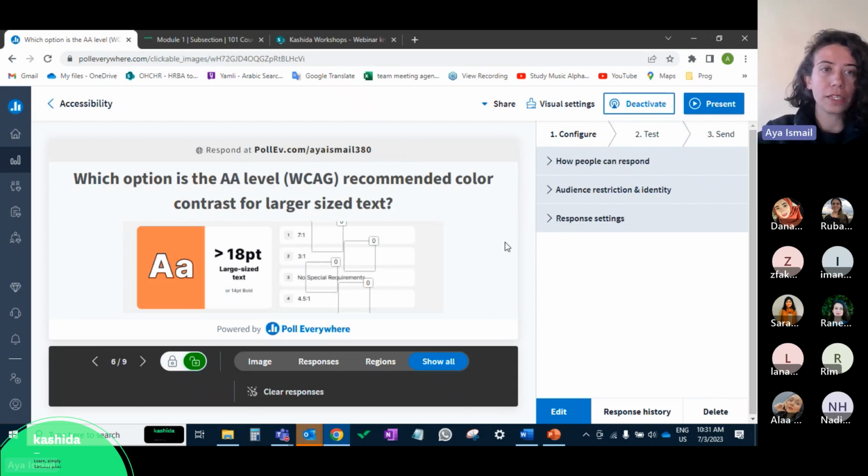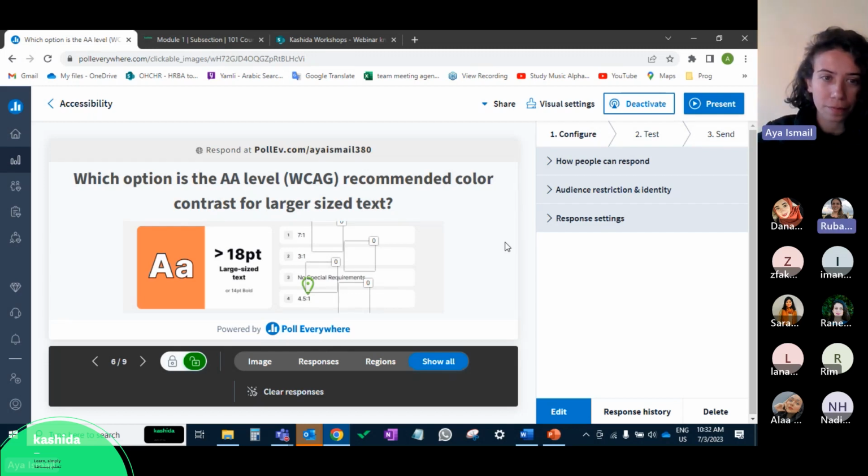Okay, which option is the AA level? Again, we're referring to this guideline, which we're going to discuss. But which option is basically recommended for the color contrast for the larger size text? Different options are available in the answer choices.